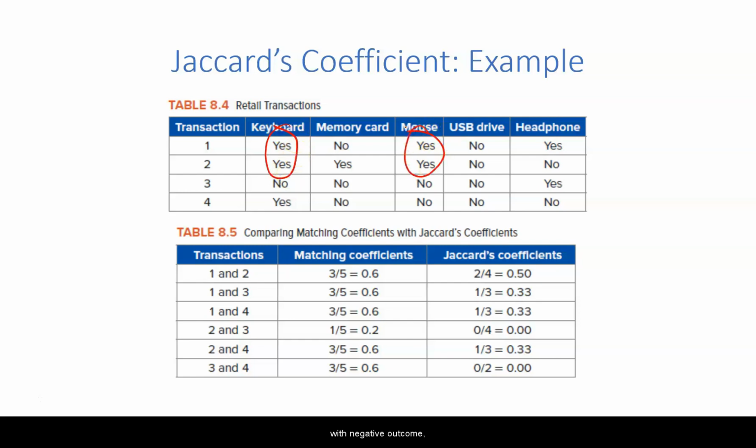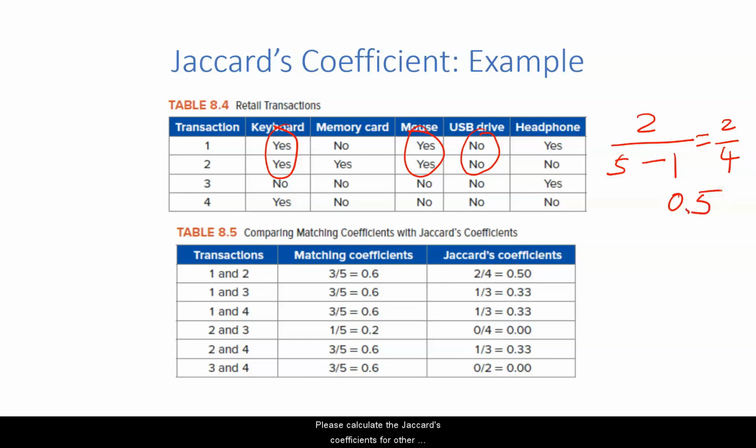And 1 matching variable with negative outcome: USB drive. Therefore, the Jaccard's coefficient is calculated as 2 divided by 5, which is the total number of variables, minus 1, which is 2 over 4, or 0.5. Please go ahead and calculate the Jaccard's coefficients for other transactions yourself to see if you get the same results as those in the slide.